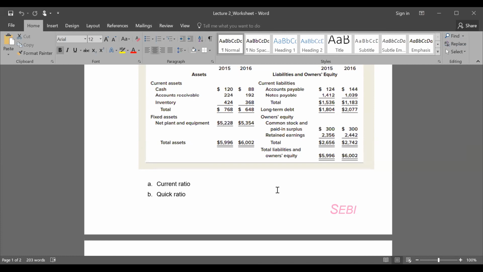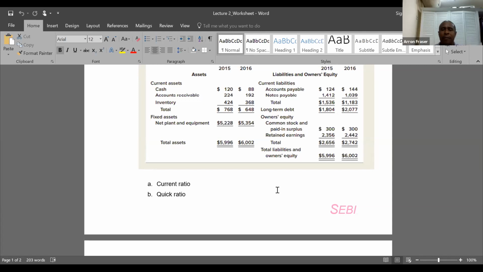Excuse me, sir. Could you confirm the current ratio? What do you want me to confirm? The figures, the formula? Sir, you're saying that the current asset is 0.55 times, it's able to cover the liability?